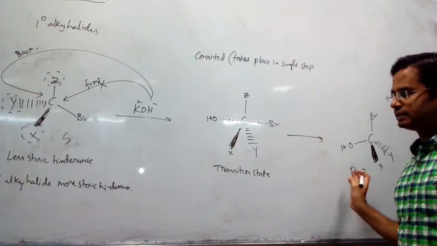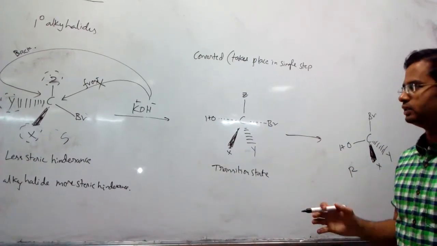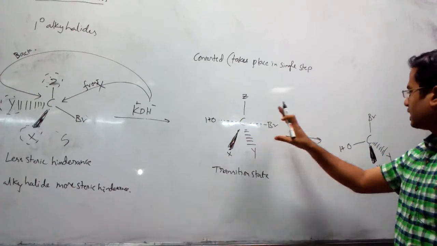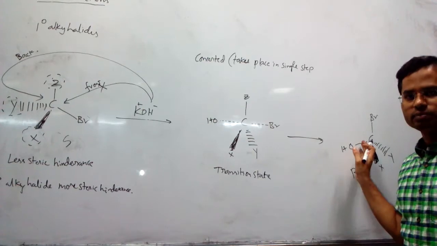R changes to S, S changes to R. Configuration changes. So gradually and in a single step it changed from reactant to product.